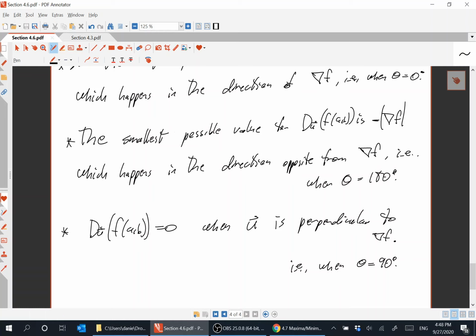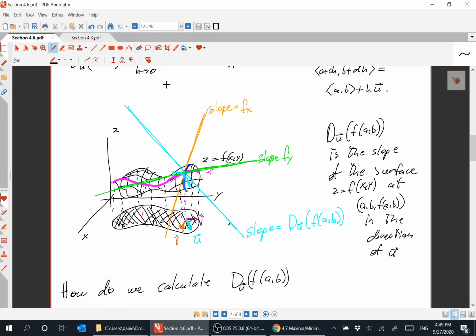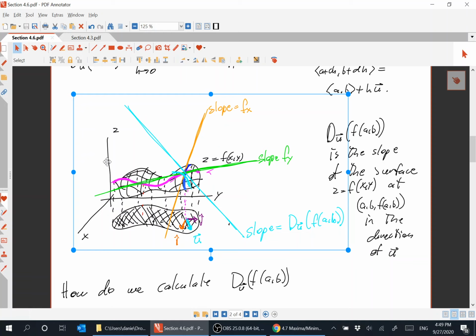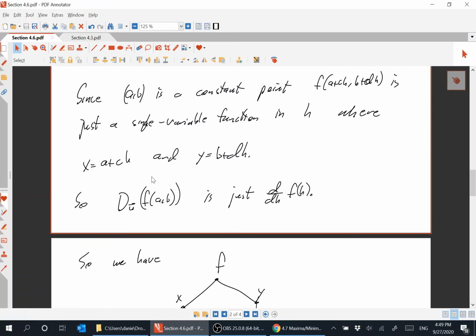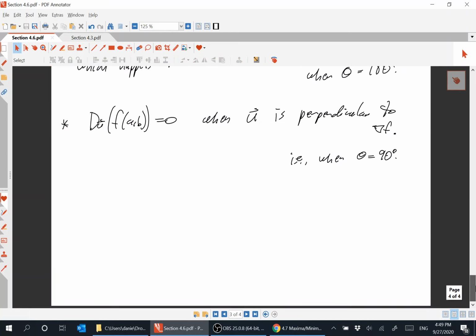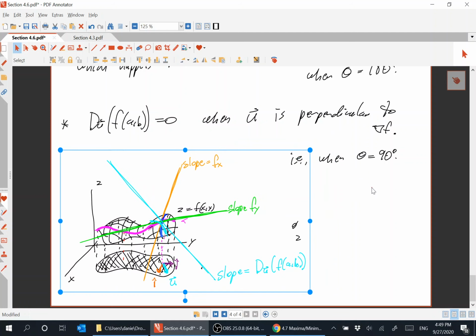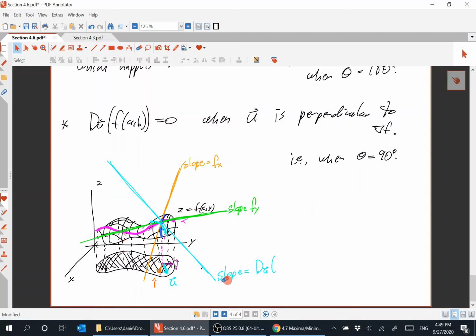So if you look back to that picture, you've got all these different directions to choose from for the directional derivative, a whole 180 degree rotation, or 360 degree rotation.